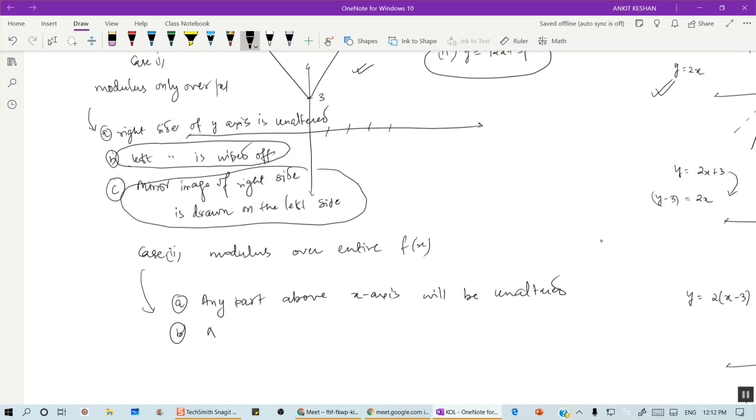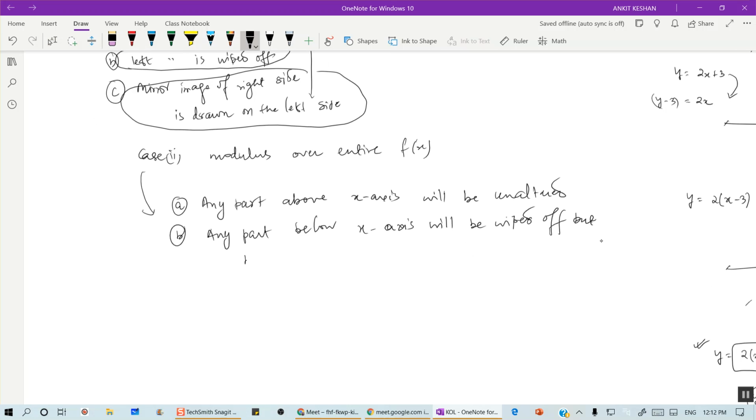Any part below the x-axis will be wiped off, but before that we will make a mirror image of that part above the axis.